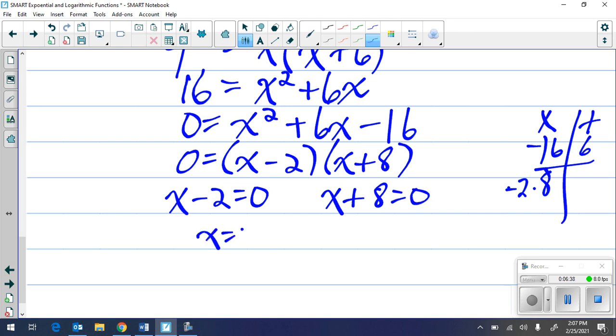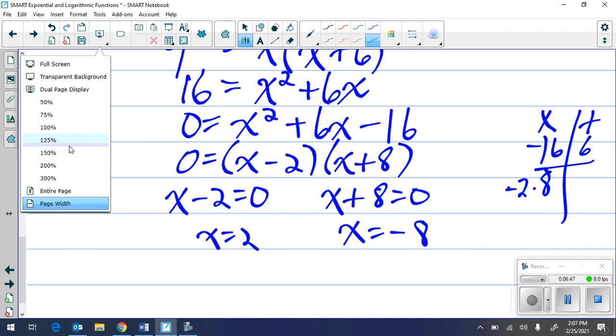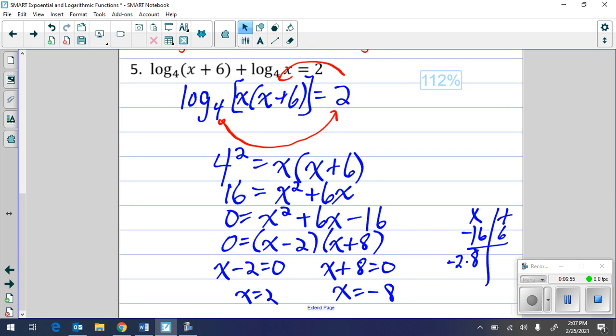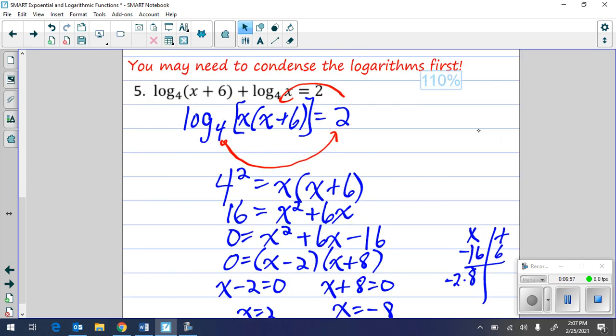Adding 2. Subtracting 8. Ooh, I did that kind of fast. Let me give you a second with the whole page showing. There we go.